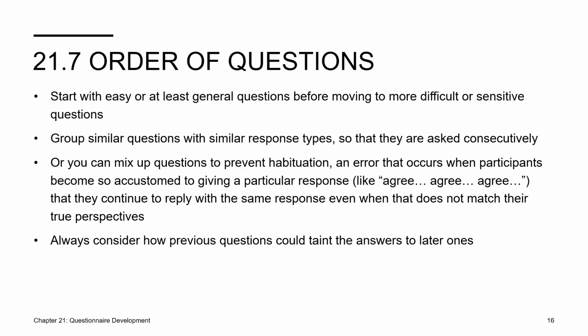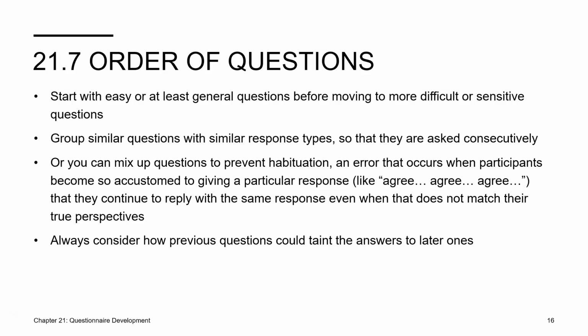You will always want to group similar questions with similar response types together so they can be asked consecutively. Some people like to mix up the questions to prevent habituation, but one problem is, if you have 5 questions that say on a scale from 1 to 5, rate your knowledge of different public health topics, people might just click agree on all of them.